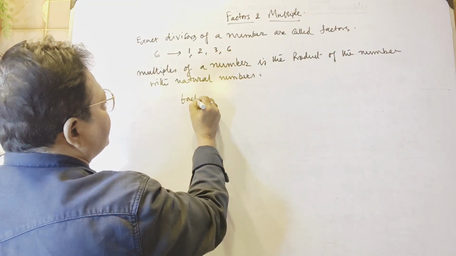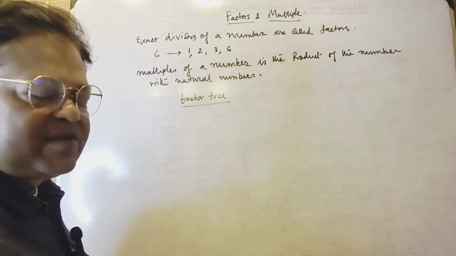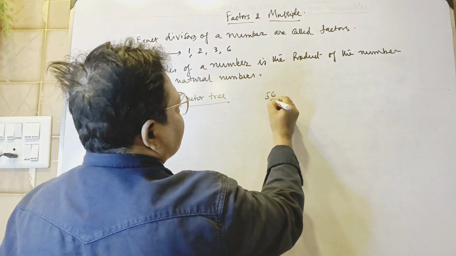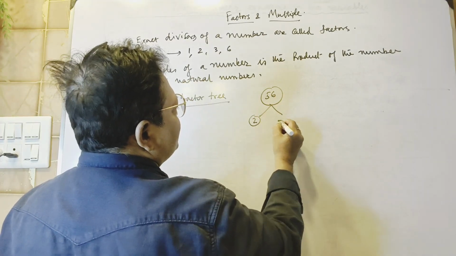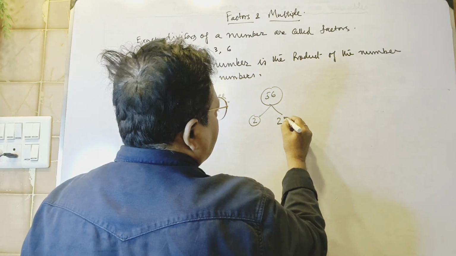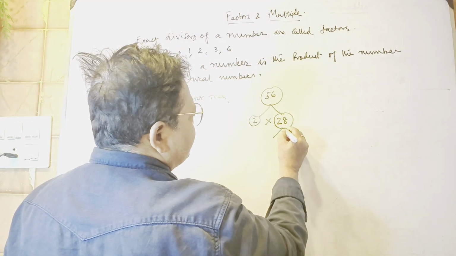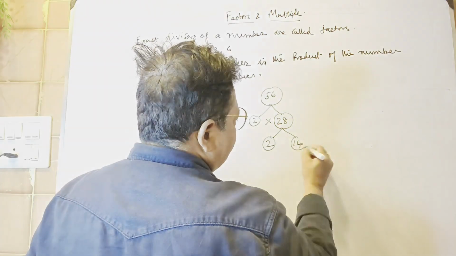Factor tree, just like prime factorization in the tree form. Suppose it is 56. If it is divided by 2, you will get 28. If it is divided by 2, you will get 14.